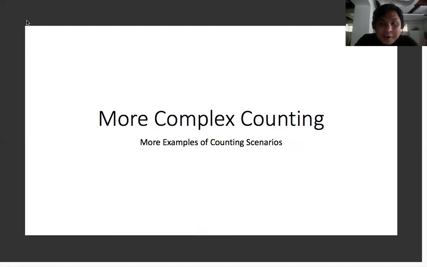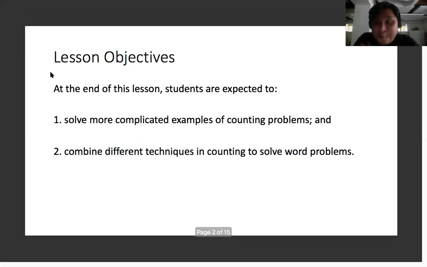In this lesson, I'm going to go over three particular scenarios where the counting is not as easy as the ones we've had earlier. But if you remember the guiding principles that were used to answer the questions from the last few weeks, then this one should not be too difficult to follow. Before we go to the examples, let's go over the lesson objectives first.